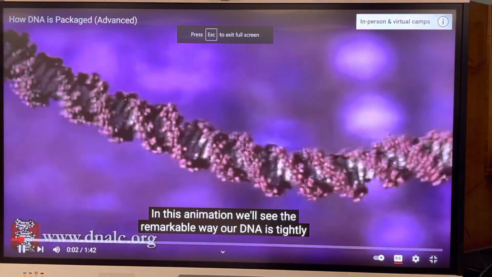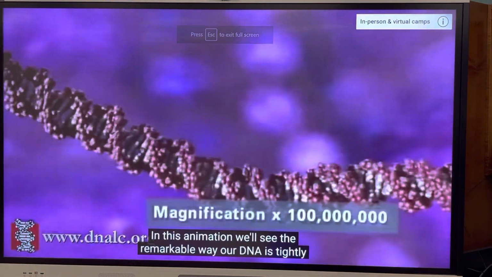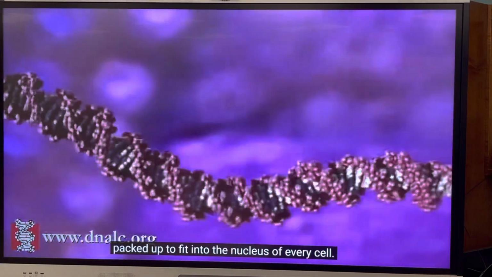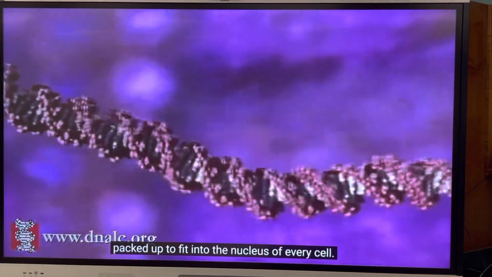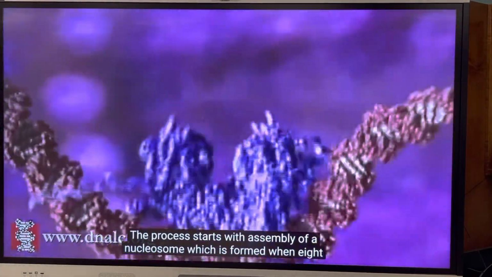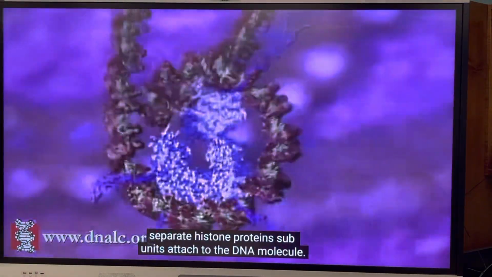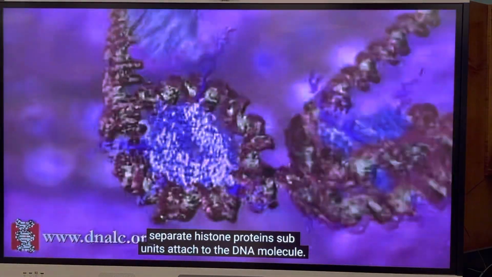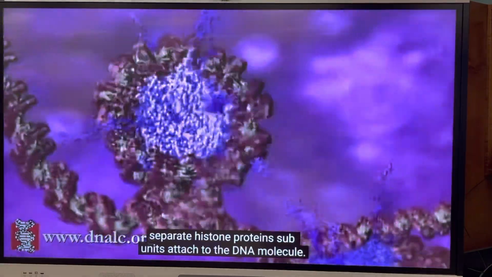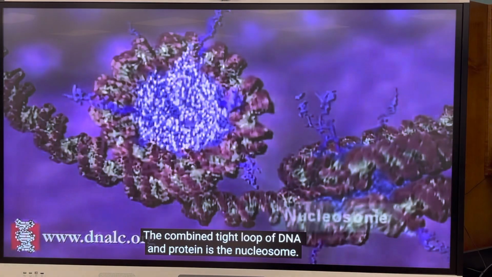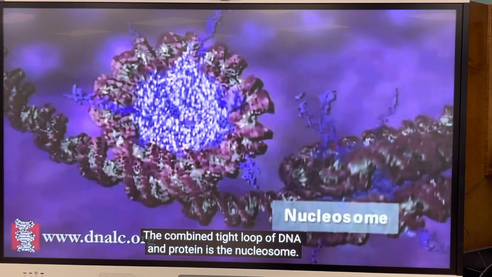In this animation, we'll see the remarkable way our DNA is tightly packed up to fit into the nucleus of every cell. The process starts with assembly of a nucleosome, which is formed when 8 separate histone protein subunits attach to the DNA molecule. The combined tight loop of DNA and protein is the nucleosome.